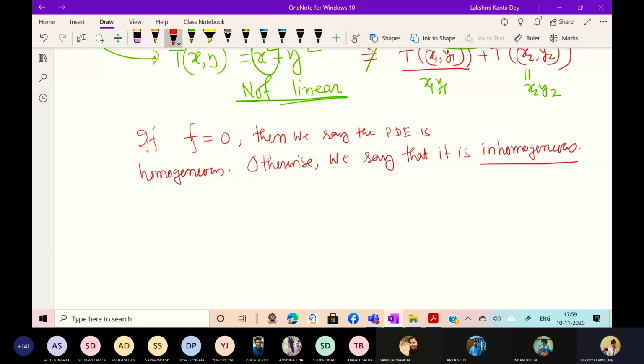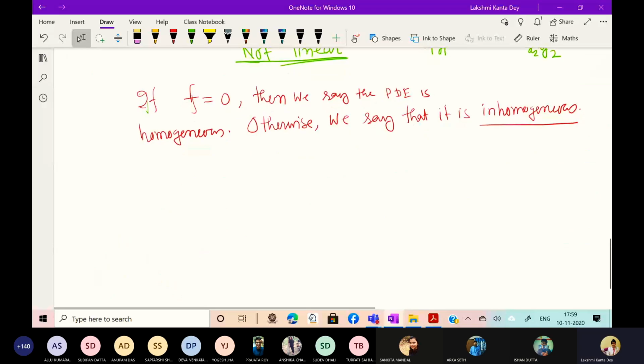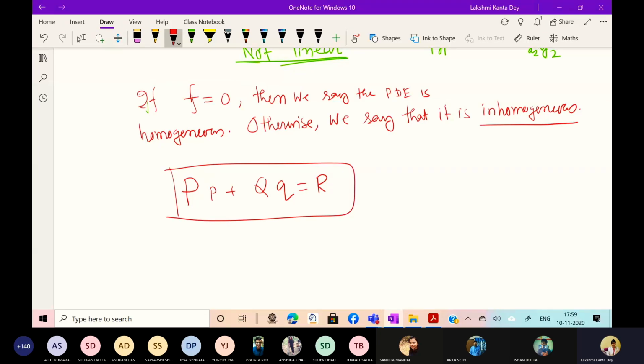Then one student says that if Pp plus Qq is equal to R, where P, Q, R are functions of x, y, z, this is called the Lagrange's differential equation, first order. So this is not linear.